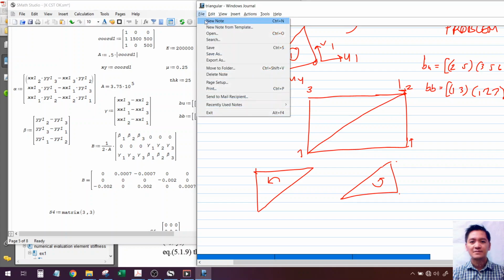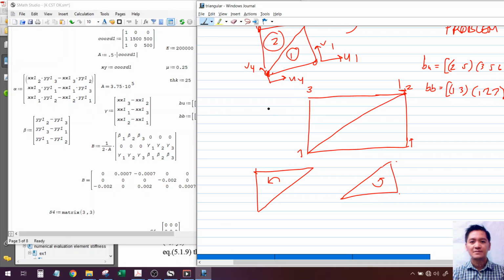So save ko muna to. That means this should be 1, 2, 3, and then 4, 5, 6. So for here, this is 1, 4, 1, 2, 3, 1, 2, 3, 4, 5, 6. Okay.